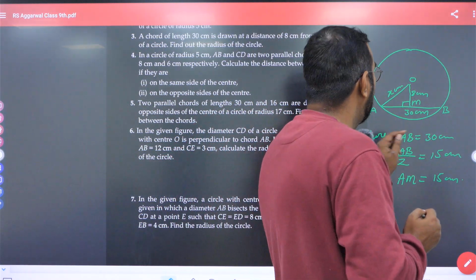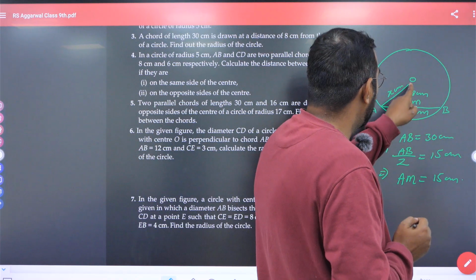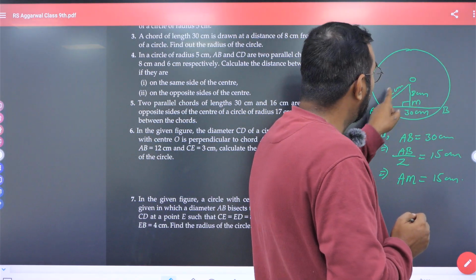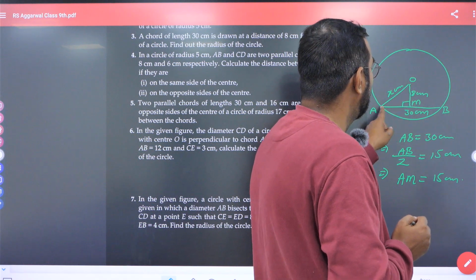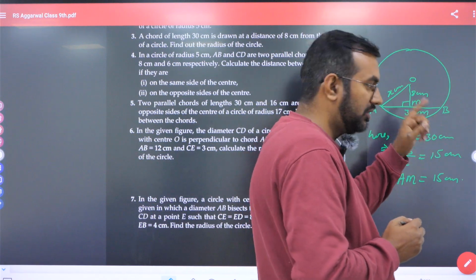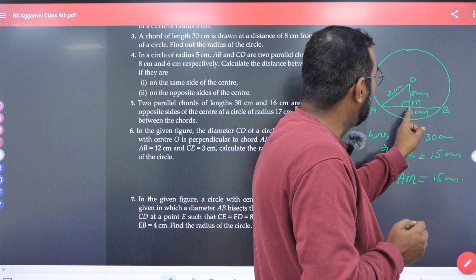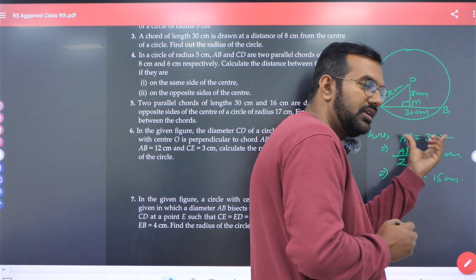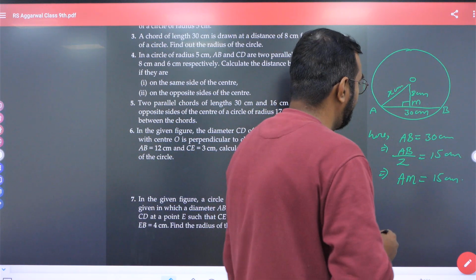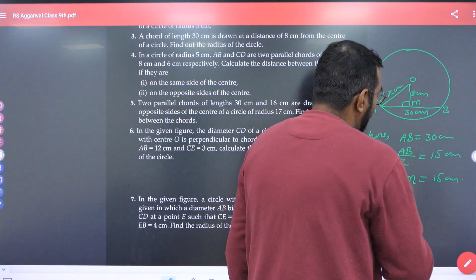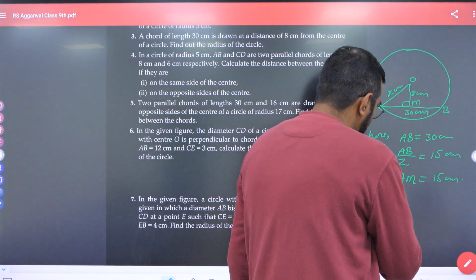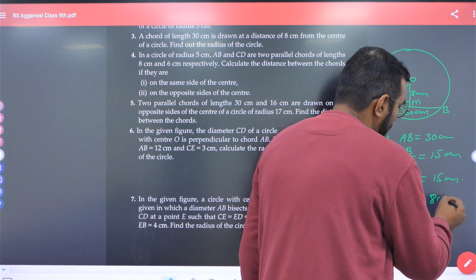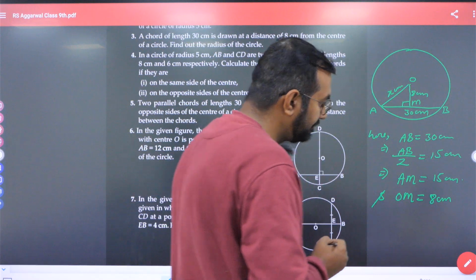Because beta, we can see that there is a right angle triangle OAM, and in this right angle triangle we can find its hypotenuse by applying Pythagoras theorem, and for that we should know AM and OM. That's why we are finding AM, and AM is half AB. Okay. So AM is 15 centimeter, OM is equals to 8 centimeter. It is given.